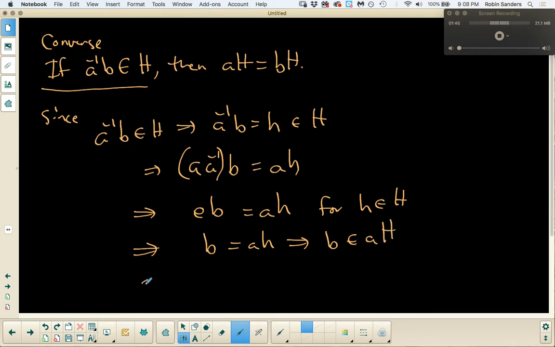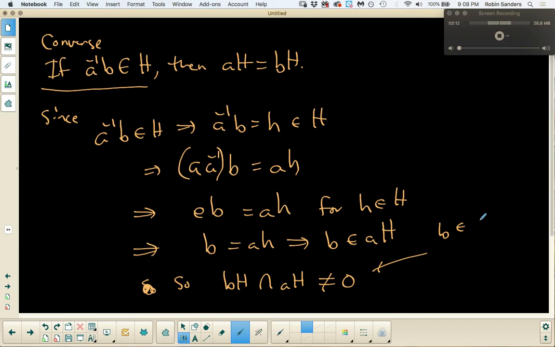Now I want to use this fact to show that the intersection between the left coset BH and the left coset AH is not empty because B belongs to both of them.